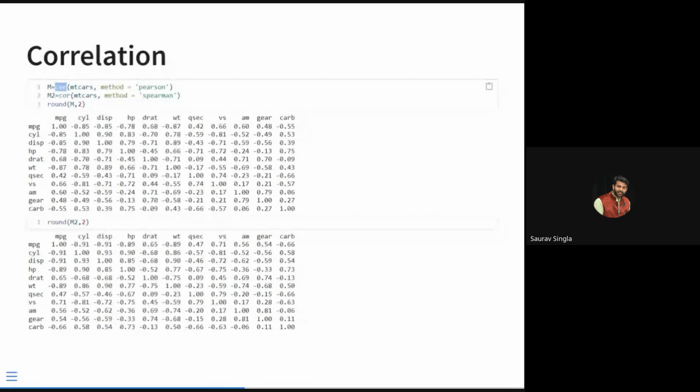Then using the function cor and method Pearson, we got this correlation matrix.